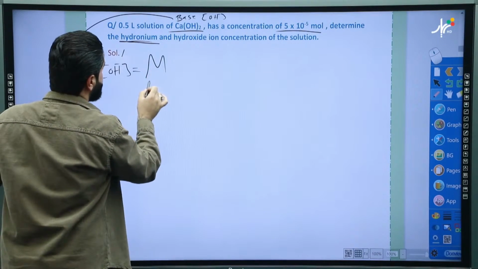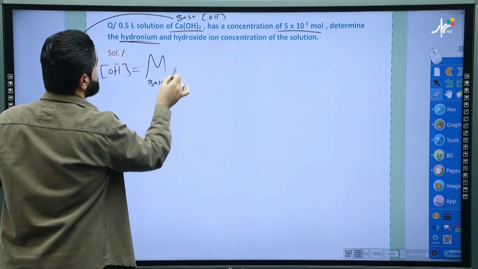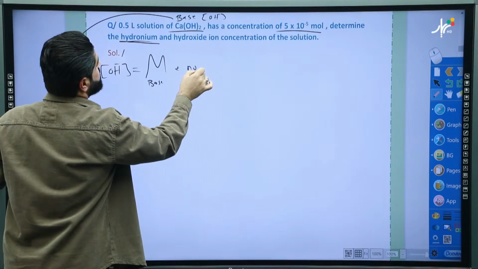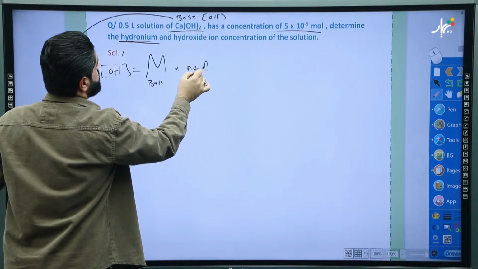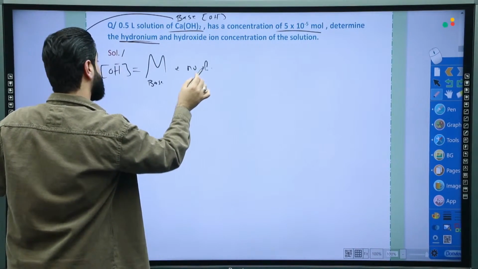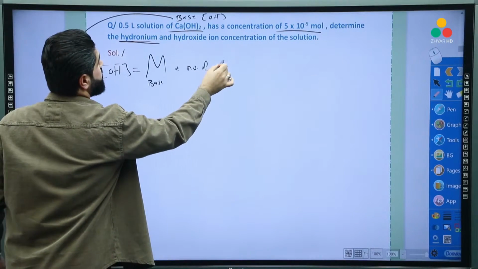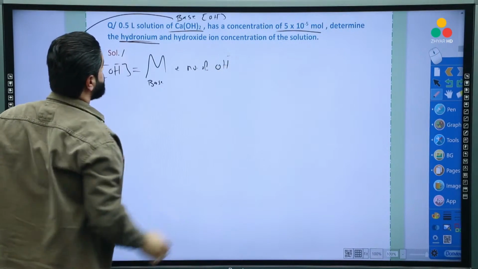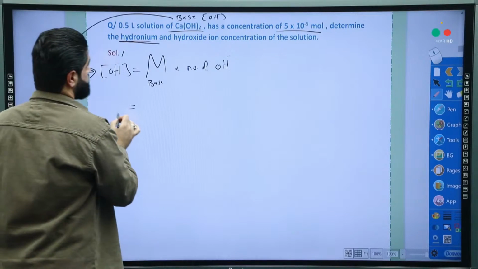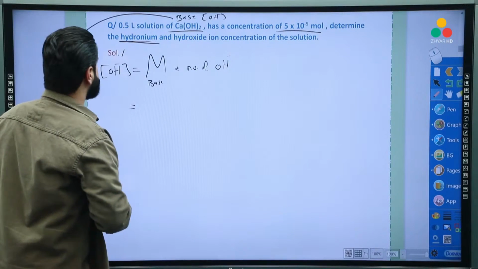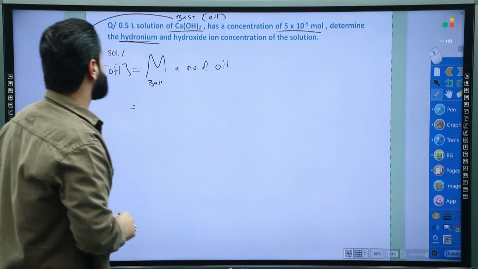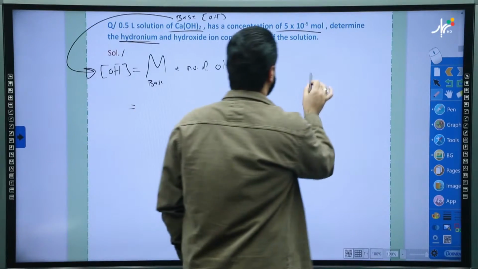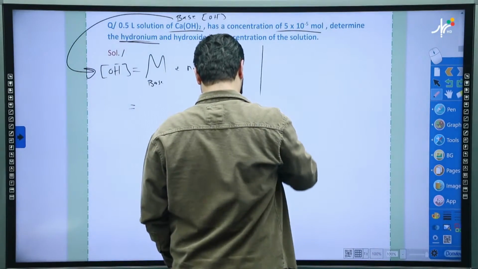OH equals the molarity of the base times the number of OH in the base formula. Here we have mole, there's no molarity, so you can calculate molarity.